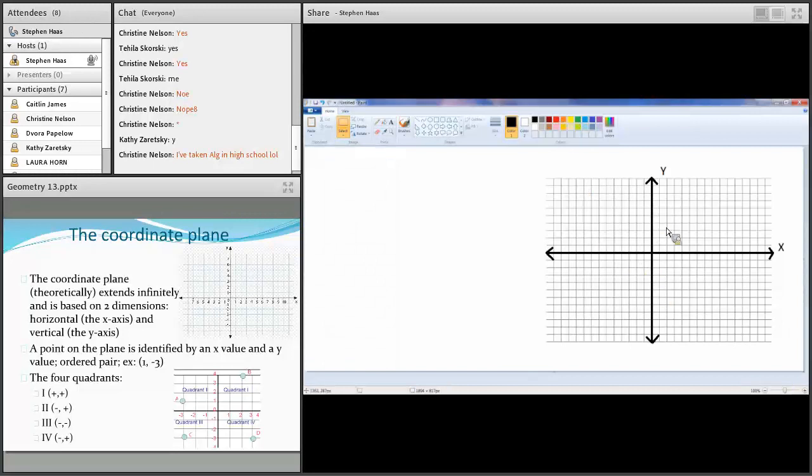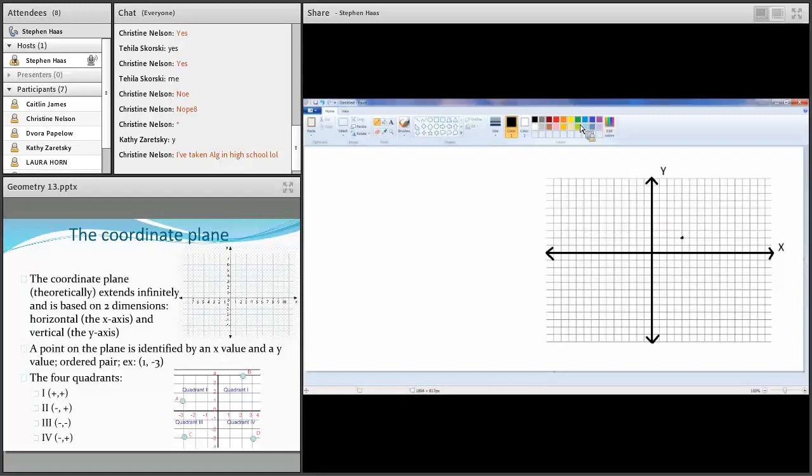For example, if I put a point right over here, well, the x value starts at 0 in the middle, and it goes positive as you go to the right and negative as you go to the left. The y value starts at 0 in the middle and gets positive as you go upwards and negative as you go downwards.